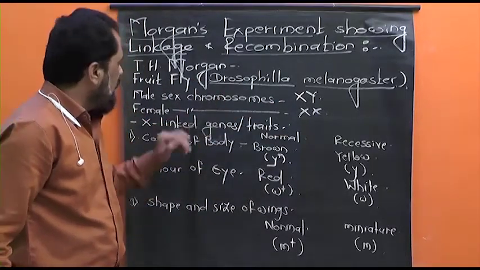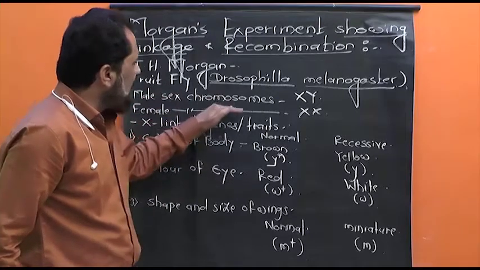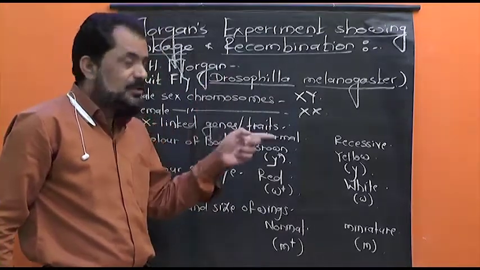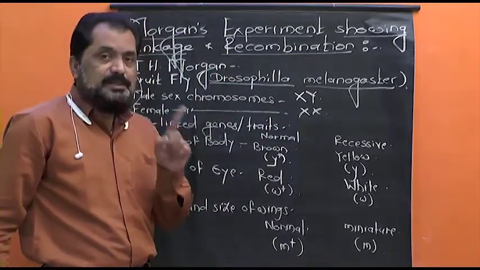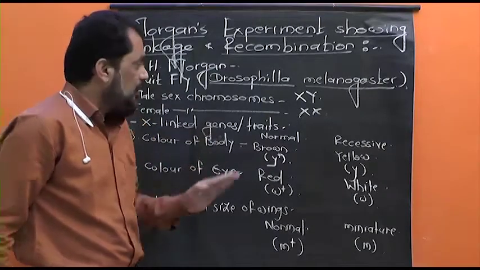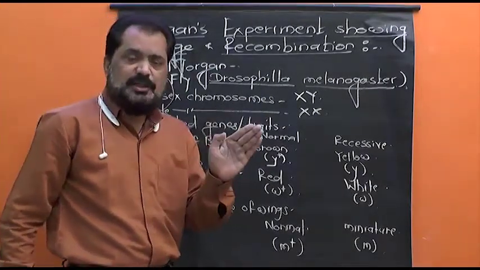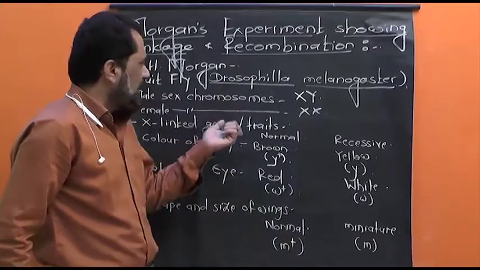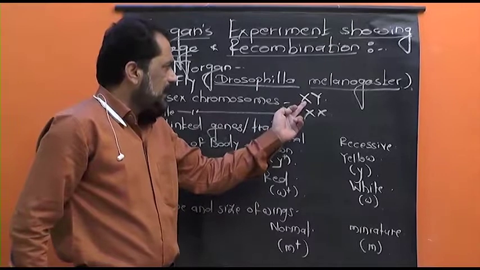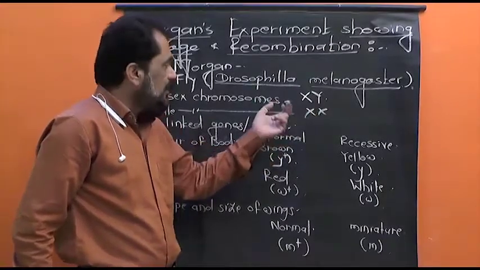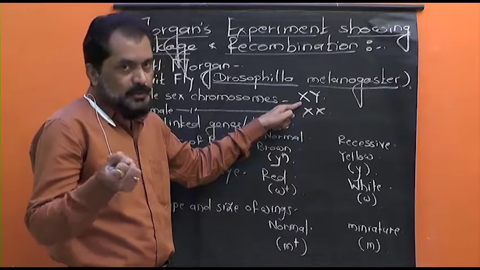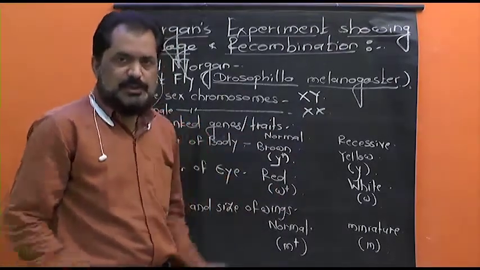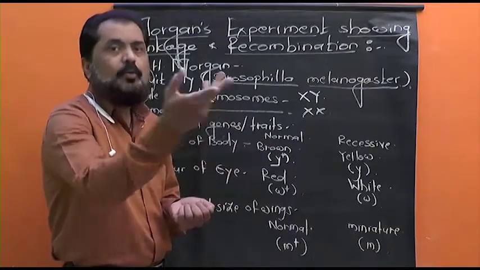Now we know in fruit fly, as the male sex chromosomes are X and Y, so obviously in male Drosophila only single dosage condition of such X-linked gene is possible, isn't it? As in male Drosophila, sex chromosomes are X and Y, means here only X chromosome is present. So obviously these X-linked genes are present in single dosage. There is no allele on Y chromosome.